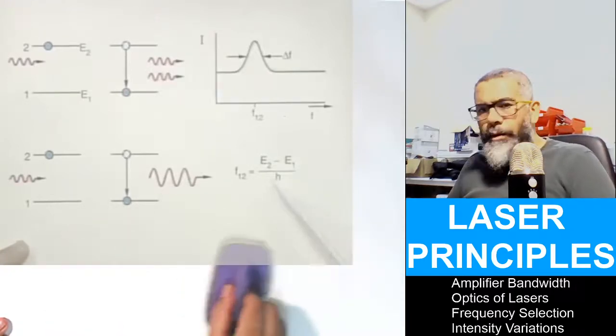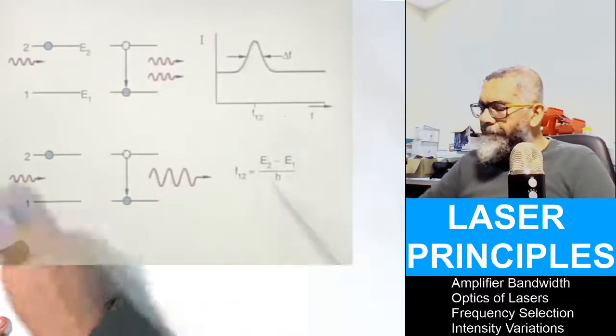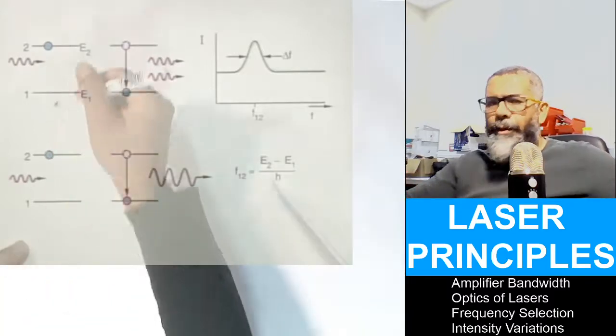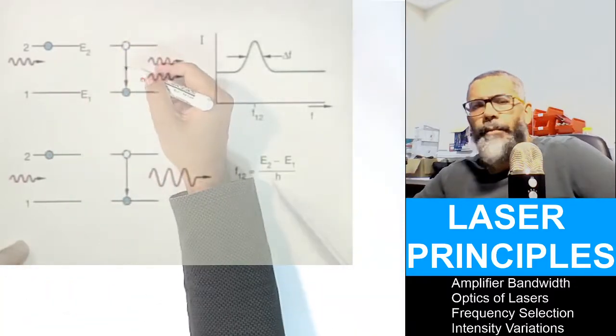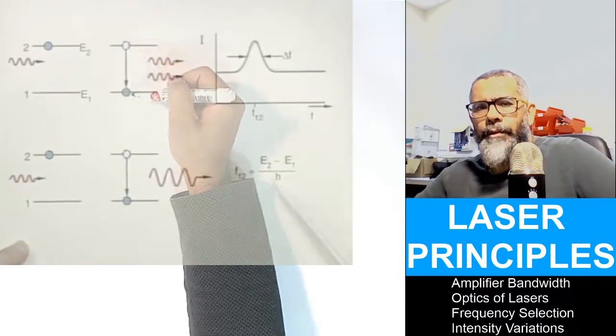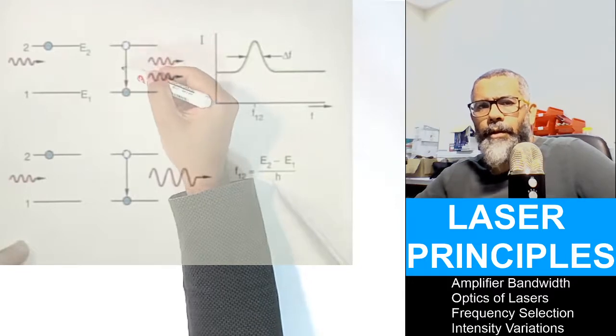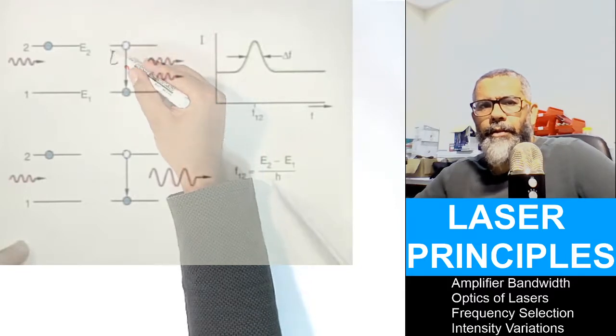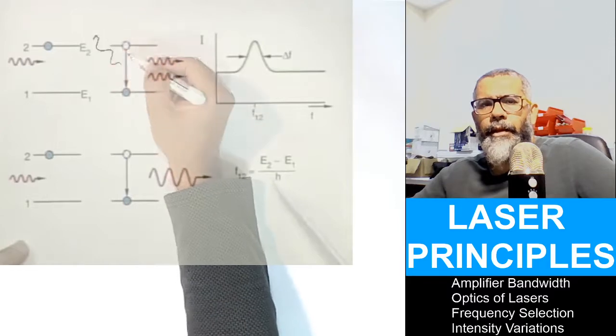But we have seen in our previous slides that an excited atom will go down, its electron producing a photon in any possible direction, in a random direction.